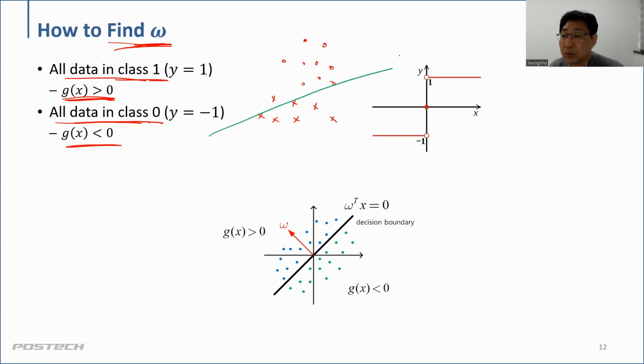Suppose this is the boundary that we have, and omega is in that direction. This side is positive, positive, positive, all positive. The problem is that this data point is also positive. So we know that this is not a good classification boundary, so that's going to be out.